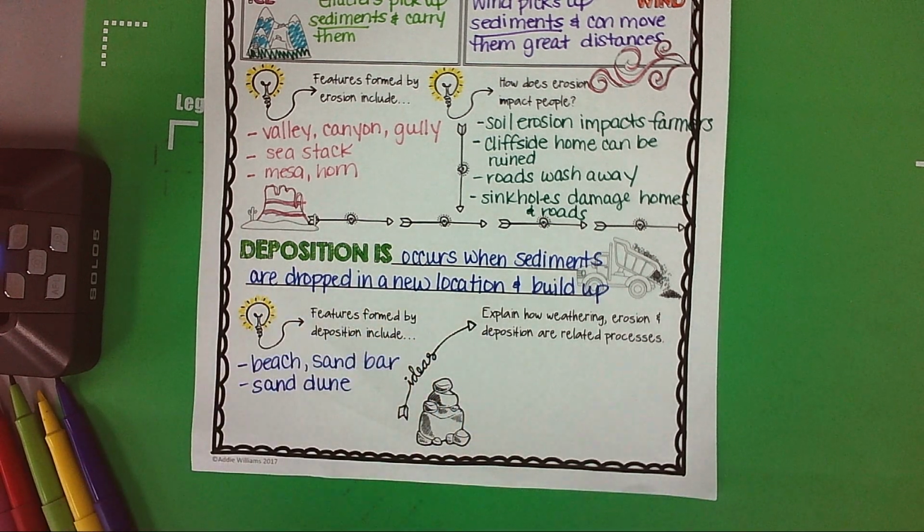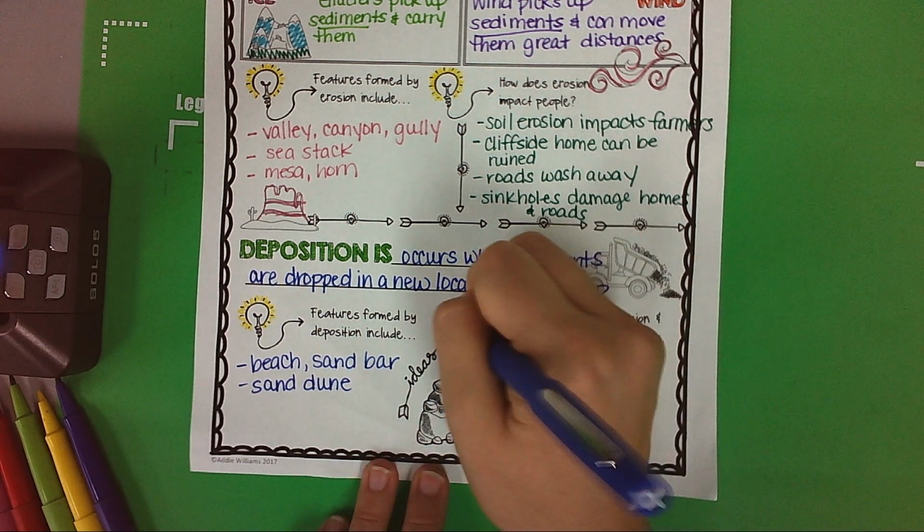Okay, so explain how weathering, erosion, and deposition are related. So how are all three processes related?